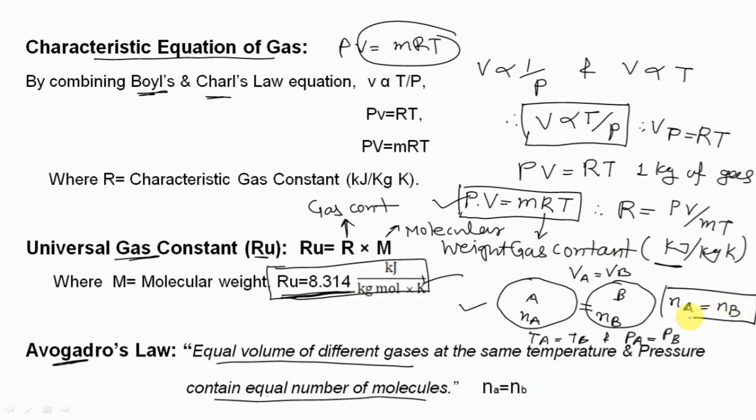It is simply defined: if you have oxygen and carbon dioxide, two different gases, but their volume, temperature and pressure are the same, then if you count the number of molecules in the given volume of oxygen and carbon dioxide, you will find that both have an equal number of molecules. So this is the relation of molecules by Avogadro's law.